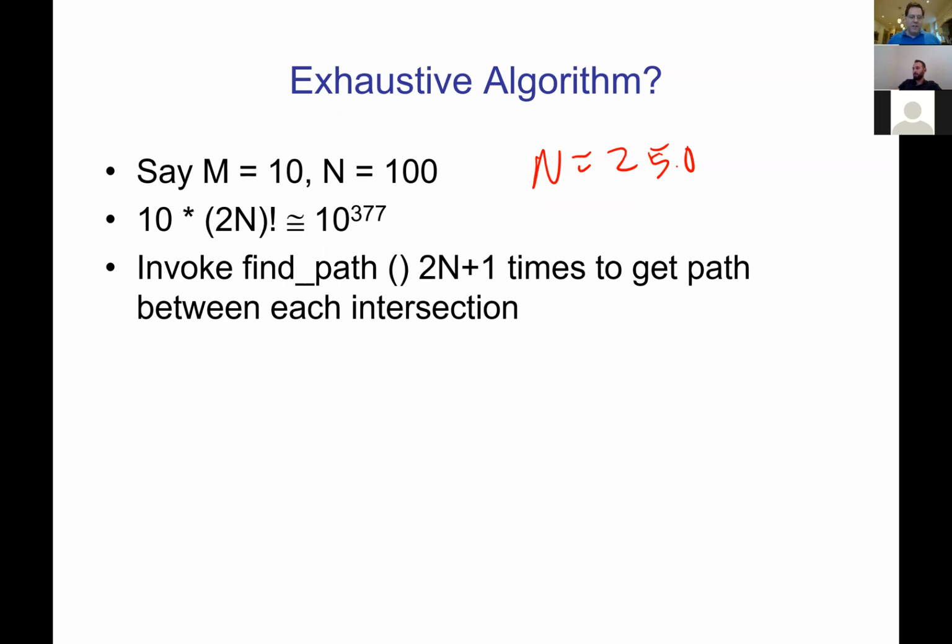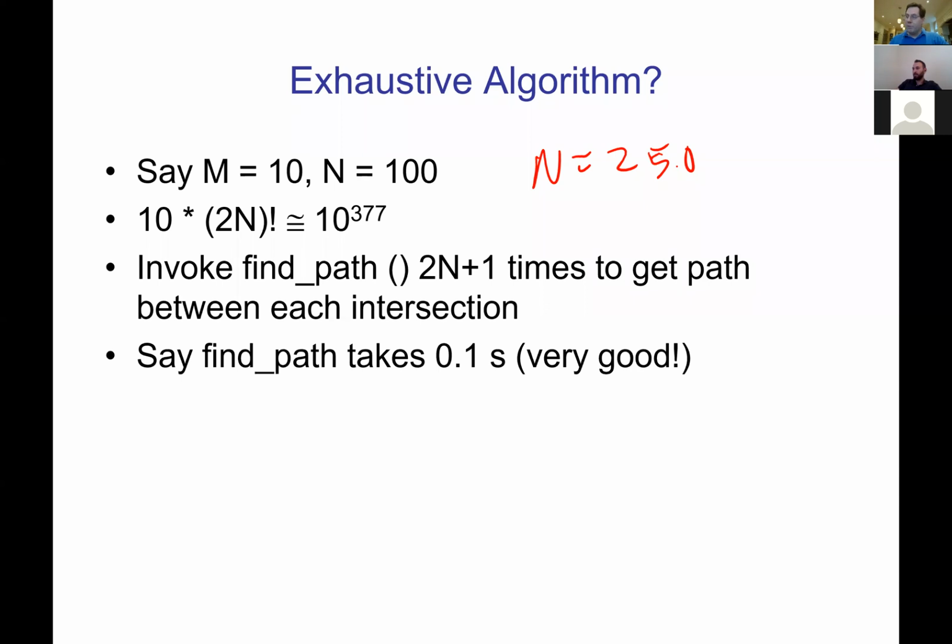If you've got a pretty fast implementation, find path takes about 1/10 of a second, and that's a pretty good implementation. I have to invoke it 2n plus 1 times for every one of these delivery orders. So I multiply all that together: 10 to the 377th possibilities times 201 invocations of find path times 1/10 of a second each. I get 10 to the 378 seconds.